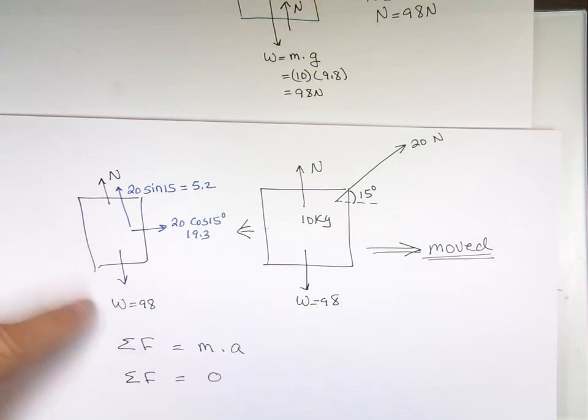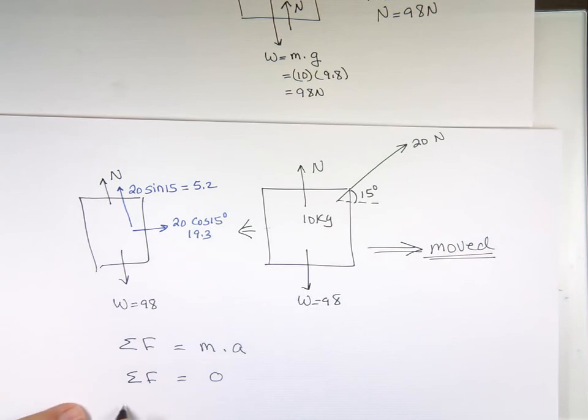And for the net force to be 0, if you take all your forces that are pointing upward and add them all, the summation should equal all the forces pointing down. It has to be. If the net force is 0, all the ones pointing up and all the ones pointing down should be the same.